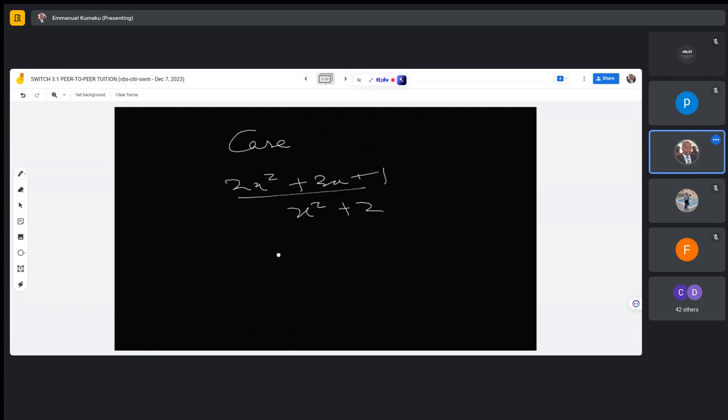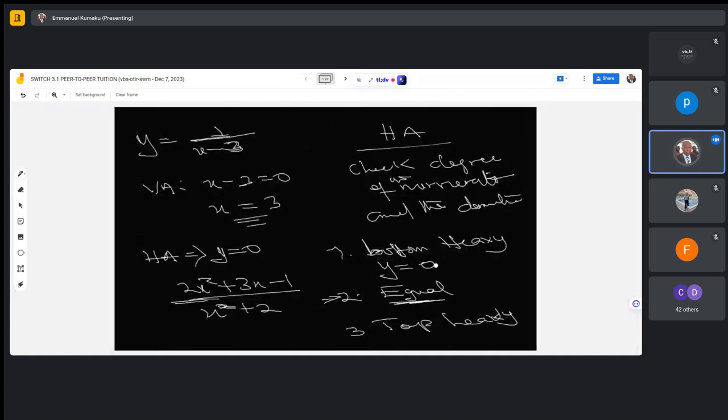So in this scenario, we just concentrate on the 2x squared and the x squared. We divide their coefficients. So this would be 2 over 1, and our horizontal asymptote will be 2. Take note of that. So that is case number 2 for finding horizontal asymptote.